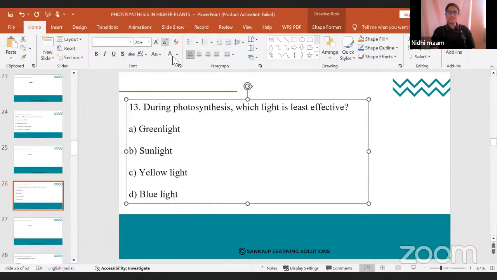Next question. During photosynthesis, which light is least effective? A is green light, B sunlight, C yellow light, D blue light. The quick response is given by Shashank. Yes, YouTube students.